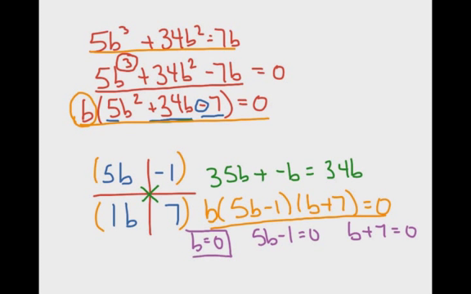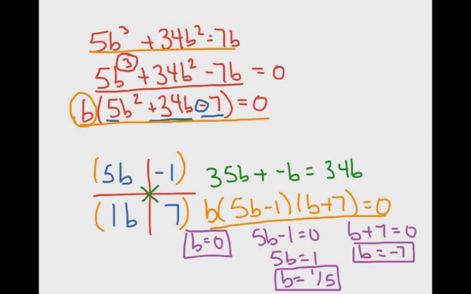So this answer is already done and ready for us. And if we look at the 5b minus 1, first we're going to add 1. So we have 5b equals 1, where b equals 1/5. And then for this one, we subtract 7 and get b equals -7.